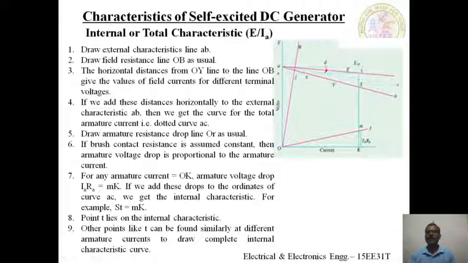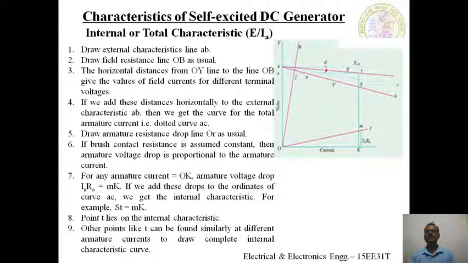If we add these drop ordinates to the curve AC, we get the internal characteristic, for example ST.